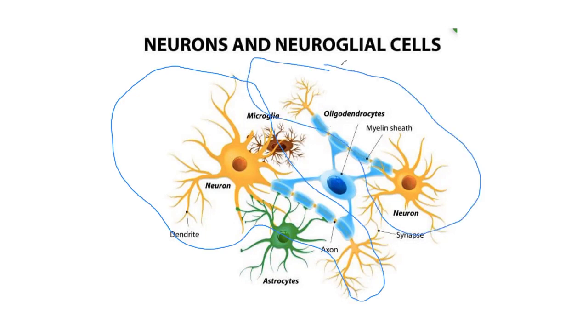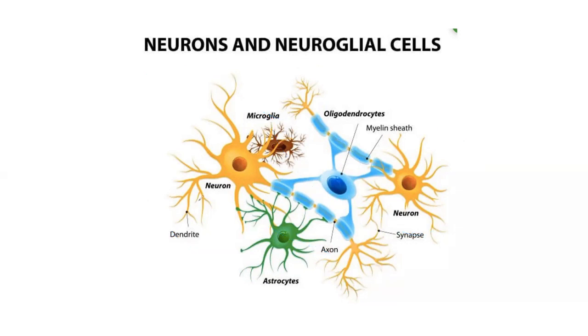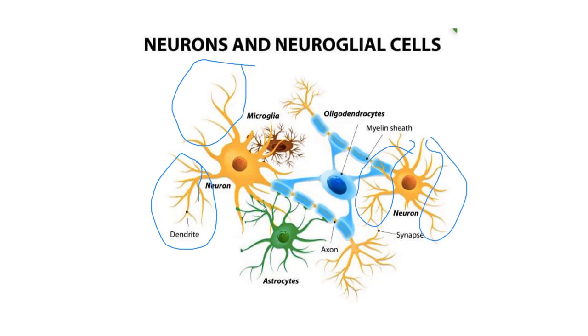These two are neurons. These branch-like parts are known as dendrites. These all are dendrites.